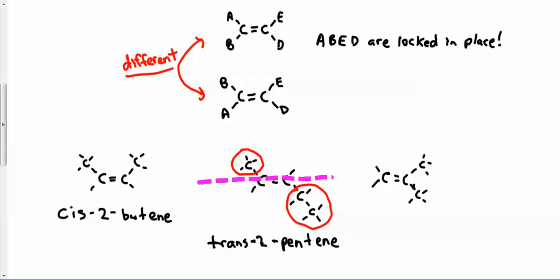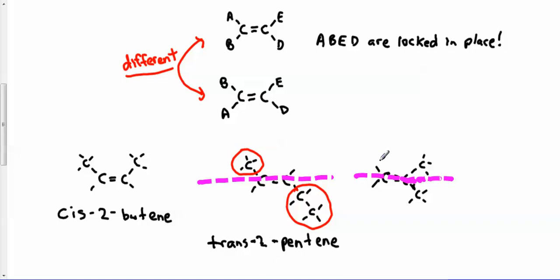Let's look at the next guy. I'm going to draw that dividing line down the middle again. Over here, I have an H on this side and an H, and over here I have a methyl and a methyl. Now, the question you have to ask yourself is, if I was to switch these two things, would I be getting the same molecule?